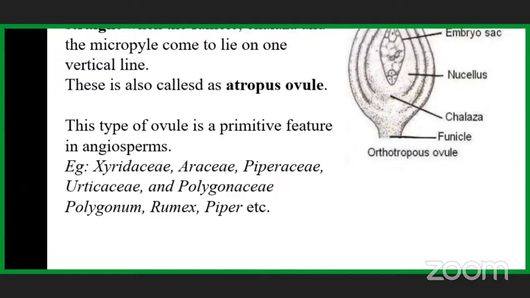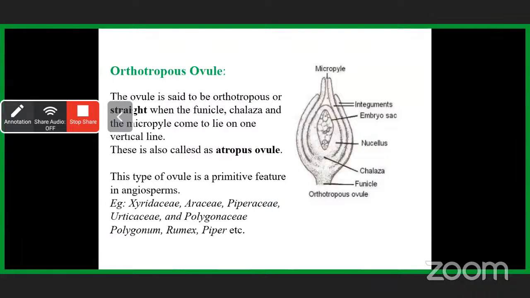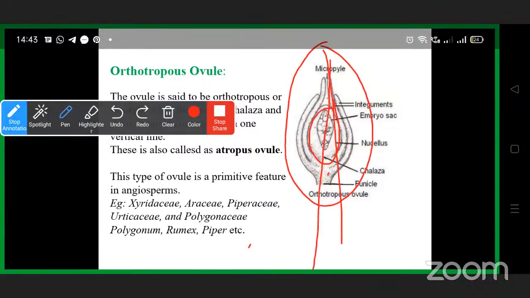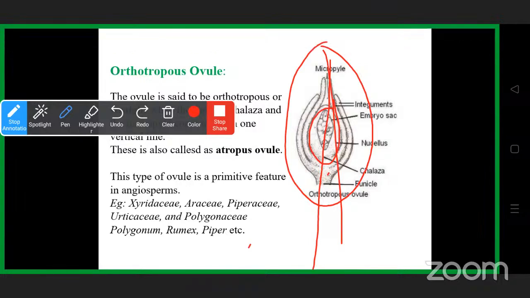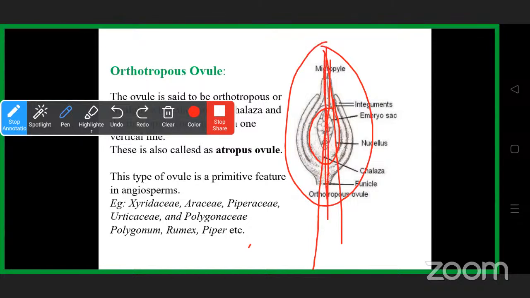These type of ovules are present, the primitive type of ovule, where the stalk, micropyle, embryo sac, and funicle are in a straight line. That is there especially in the Piperaceae and Polygonaceae families.